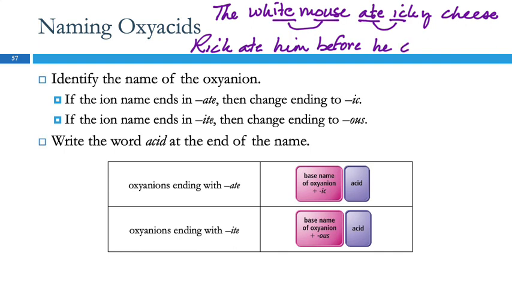Is this weird? So there we've got our ous and our ite, our ic and our ate. You want to make up your own silly sentence? Go for it.